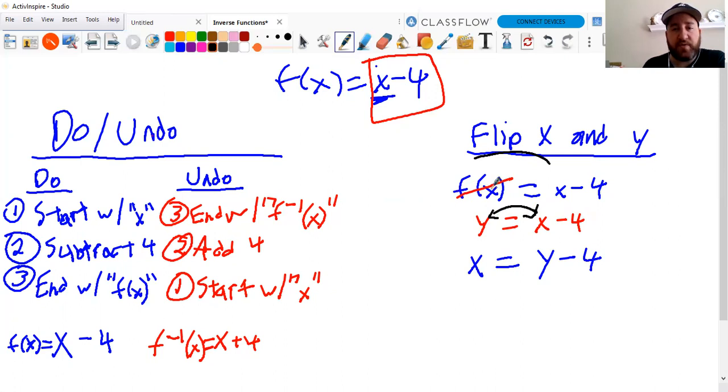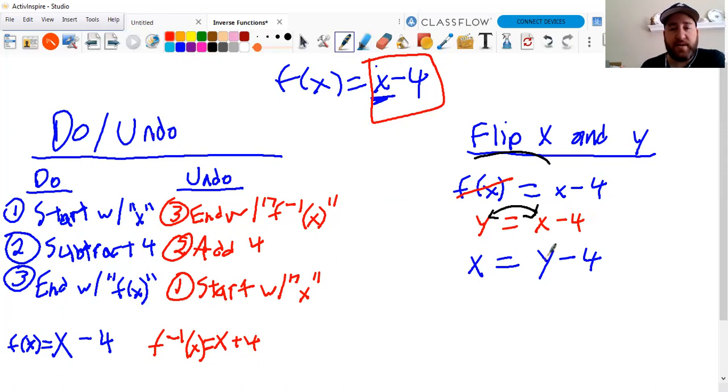So either way, you can do the first two steps at the same time, or you can break it up. But now I get to here, x equals y minus 4. So this is what I'm trying to get to. X equals something.